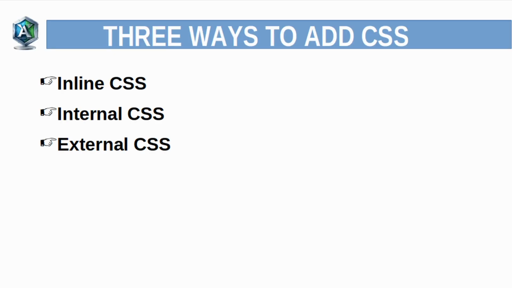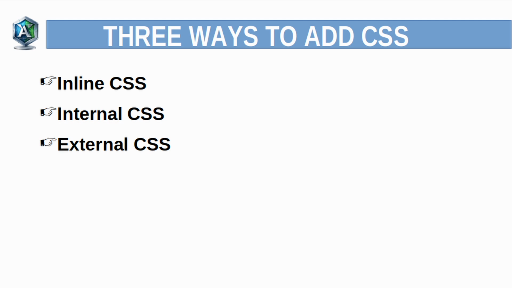There are three ways to add CSS to your web page. You have the inline CSS method, the internal CSS method, and the external CSS method. The inline CSS method is when you write CSS directly inside an HTML element like we did earlier for the h1 and the paragraph element, while for the internal CSS method, we write the CSS inside a style element.